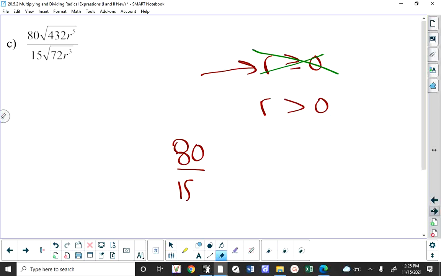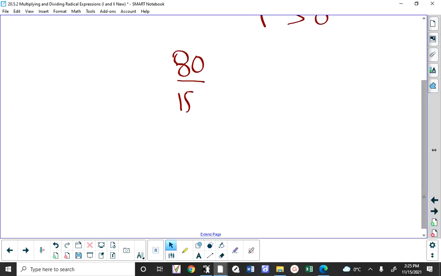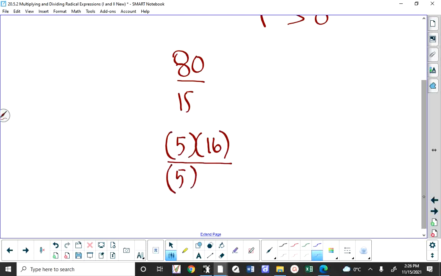And what I'm really doing, I hate to drag this very far off of our path today, but what I'm really doing, everybody, and this is crucial for the next unit, is I'm recognizing that 80 is 5 times 16, and 15 is 5 times 3. See all those brackets? That means anything in brackets is a factor. There's a factor of 5 on the top and a factor of 16 on the top.